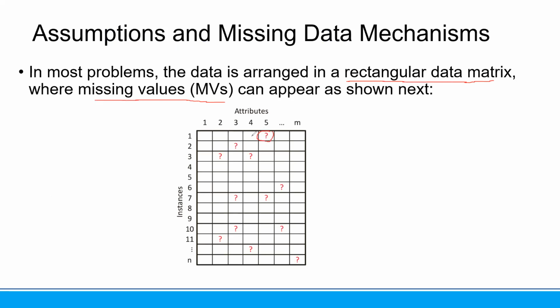This is a missing value, this is a missing value, and so on. The question mark is the missing value. We have row number 1, row number 2, row number 3, and so on. These are the instances, and this is column 1, column 2, column 3. These are the attributes.